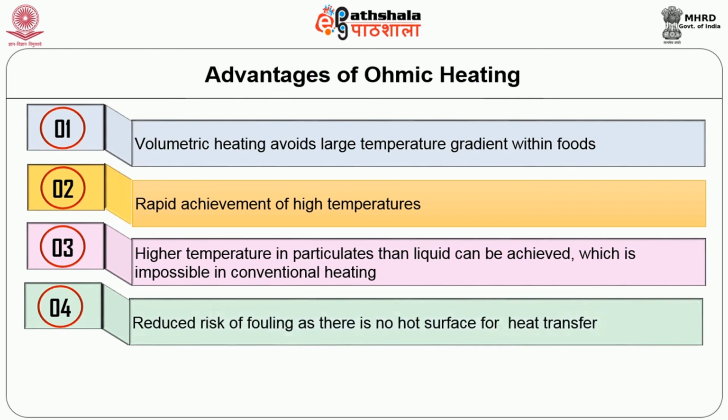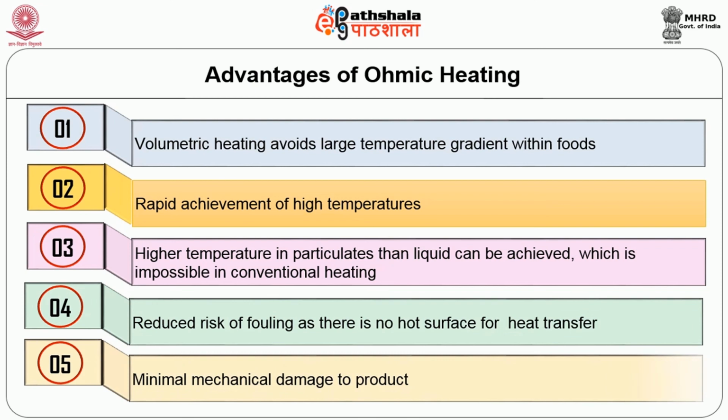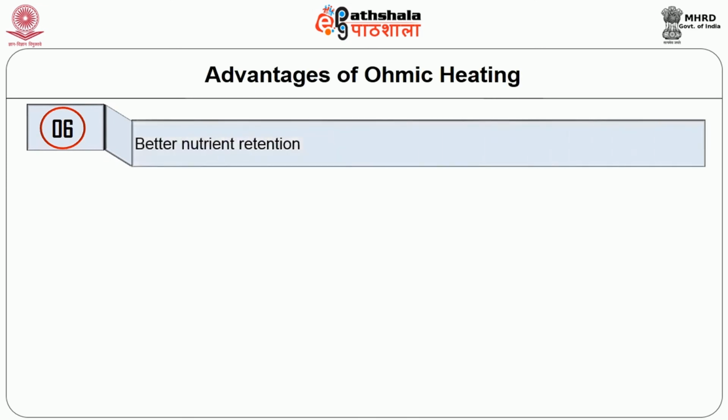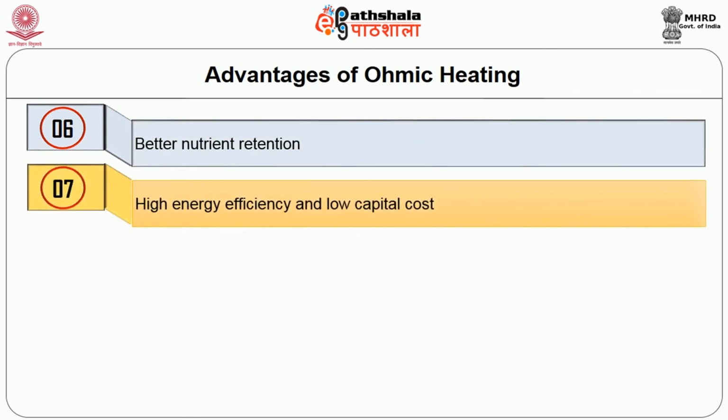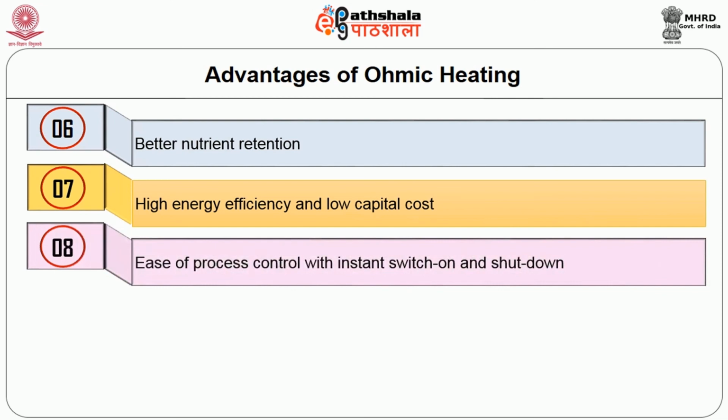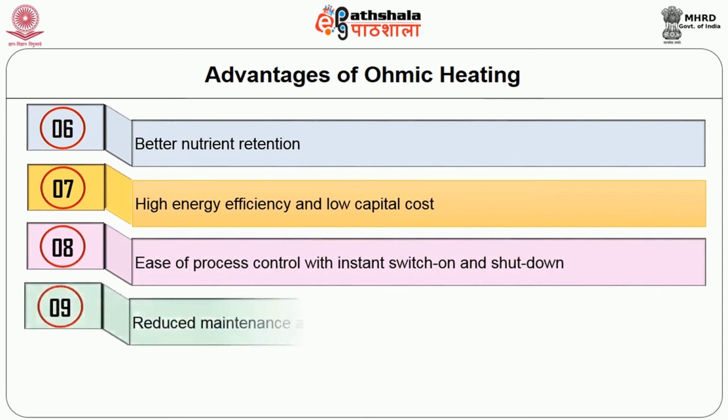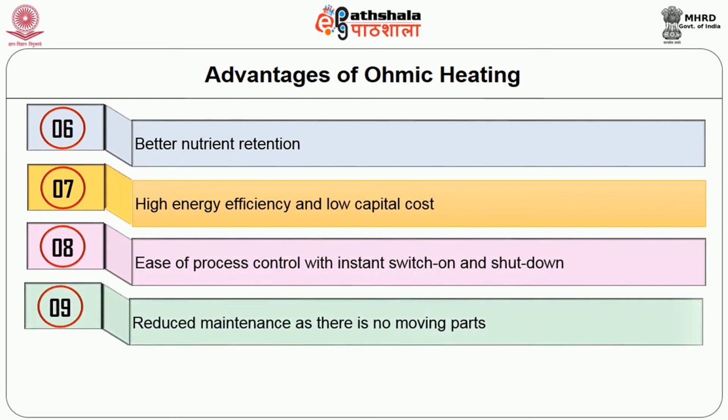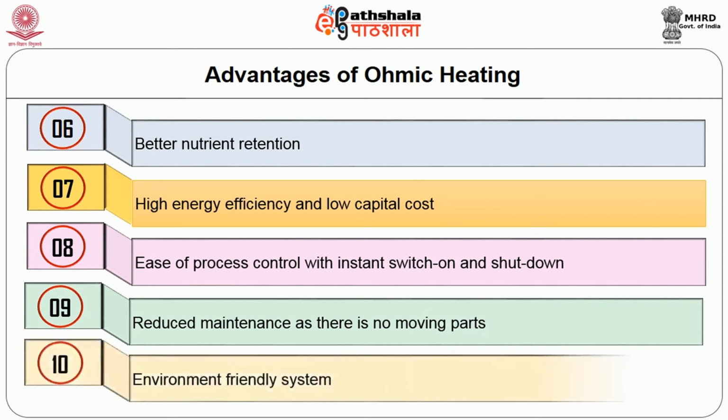Reduced risk of fouling as there is no hot surface for heat transfer. Minimal mechanical damage to product. Better nutrient retention. High energy efficiency and low capital cost. Ease of process control with instant switch on and shut down. Reduced maintenance as there are no moving parts, and an environmentally friendly system.